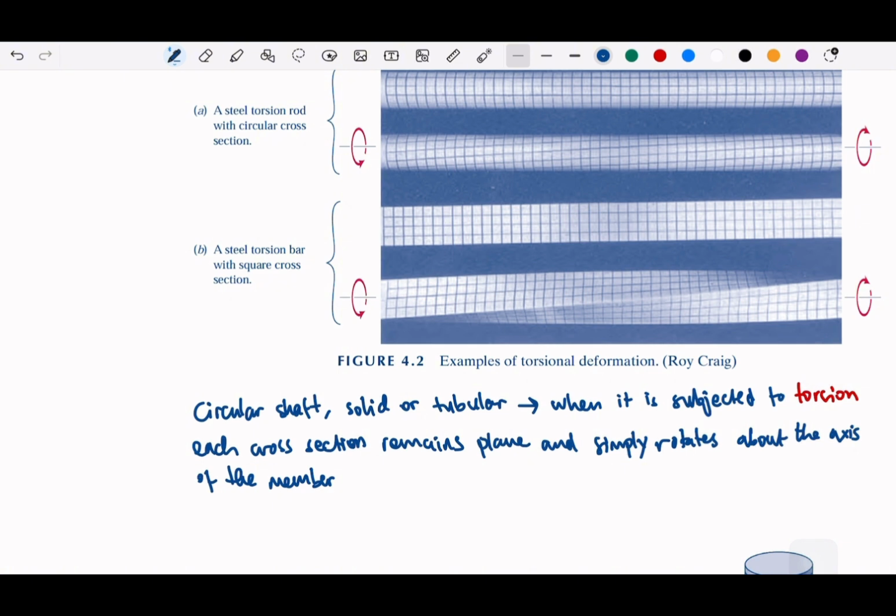Look at the axis here, in between these two. They are not going anywhere. They are not going to be bent in pure torsion. So they simply rotate, and they remain in the plane.